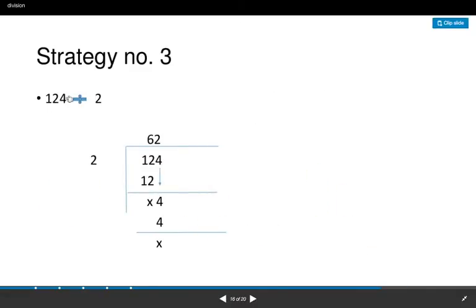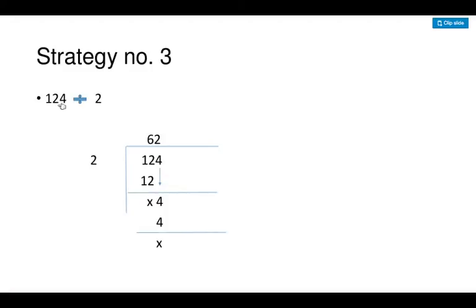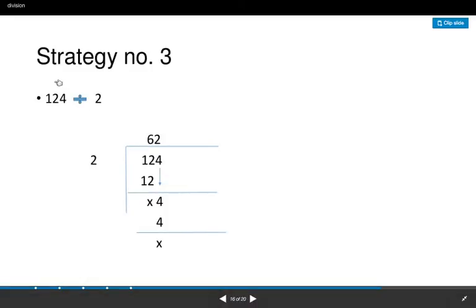We're going to look at this. So we have 124 divided by 2. So our first number, our dividend, goes inside this bracket. Our second number, or the divisor, goes outside the bracket. And you do 2 can't go into 1, so we move over to the next number. So how many times does 2 go into 12? That's 6. So we put the 6 up here above the last number that we're dividing by. 6 times 2 is 12.